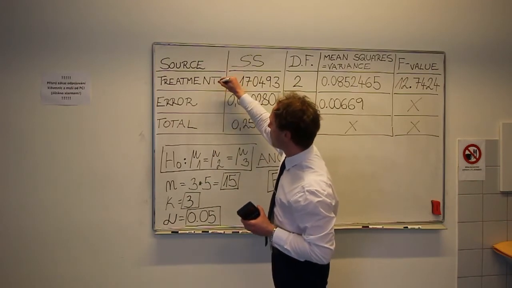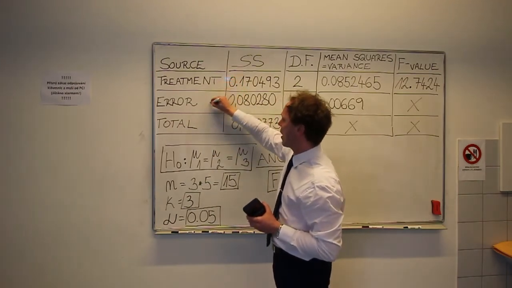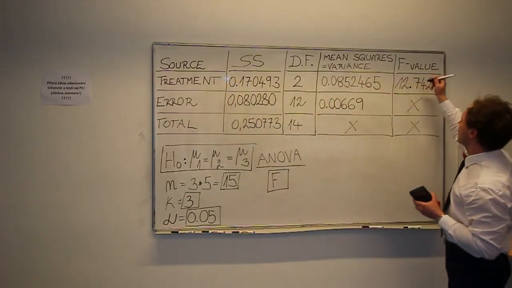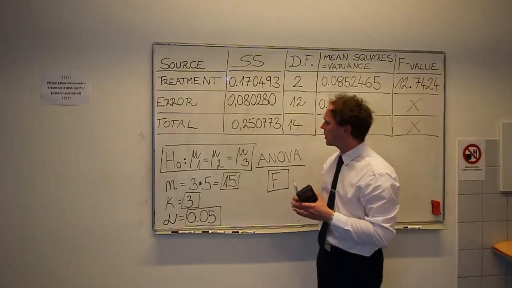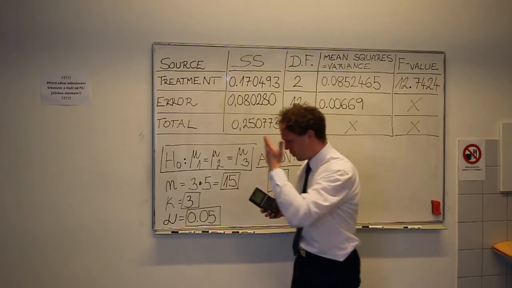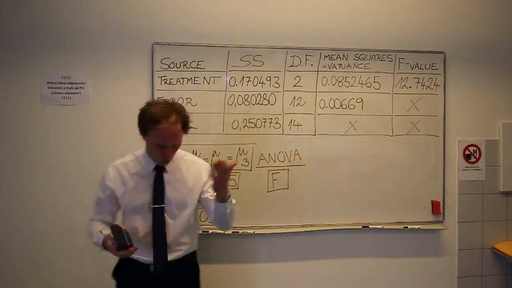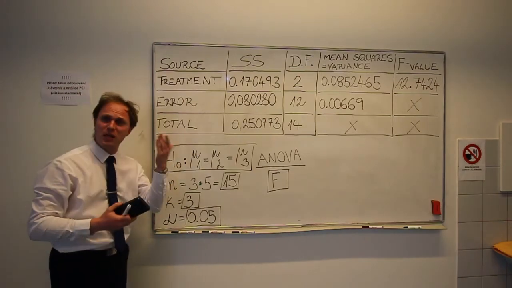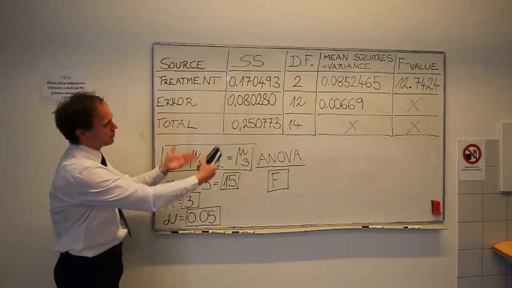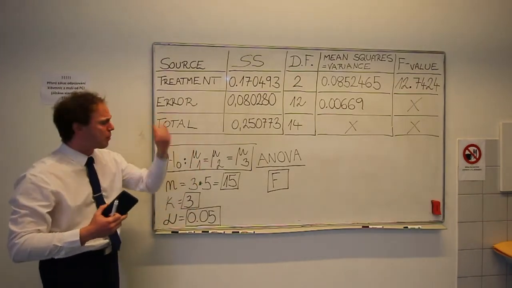The ratio of between group and within group variance results in the Fisher statistic, and therefore this is called the ANOVA method, analysis of variance, because you need to analyze variance in the statistical sample. So this is the reason, this is the response.